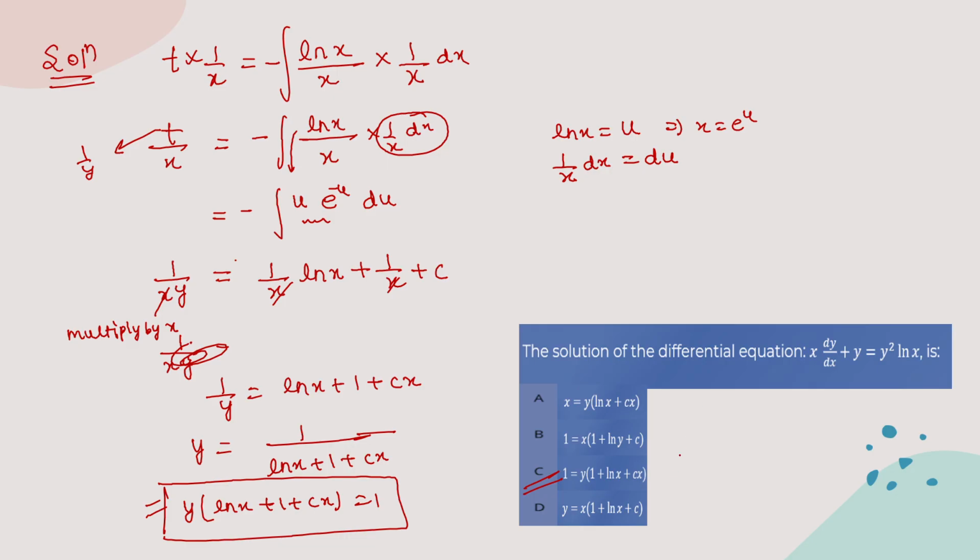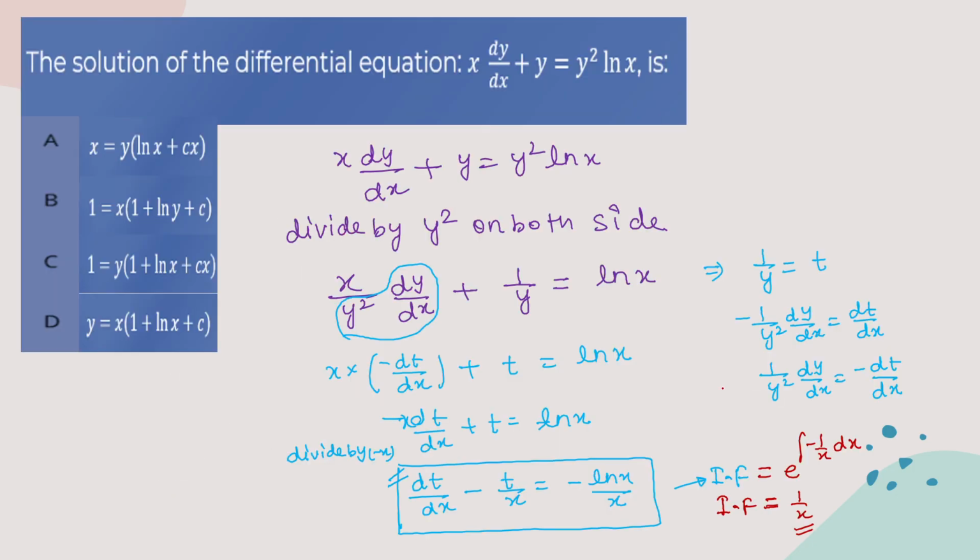Now the next topic, Bernoulli equation. Bernoulli equation is also a type of equation which helps us convert to the linear form. Basically, it is also reducible to the linear differential equation.